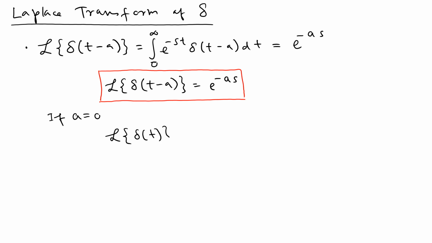So let's just plug in 0 here. So it is e to the 0, which is 1. So that's also a result you can remember because it is sometimes useful. So the Dirac Laplace transform of delta(t) is 1.